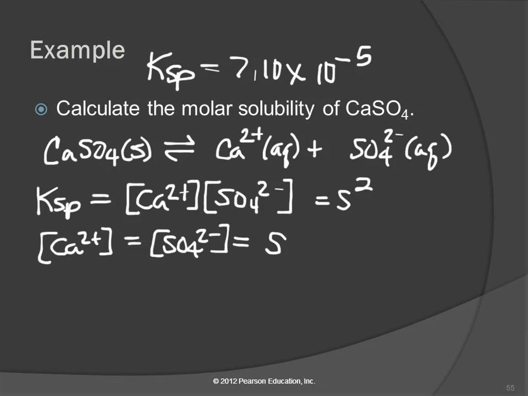So we've got S squared is equal to Ksp, which we looked up and found to be 7.10 times 10 to the minus 5. So then S must be the square root of that.